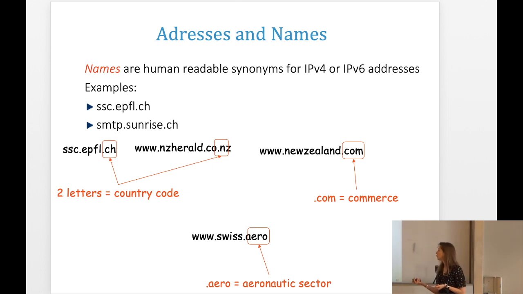It uses human-readable names. And typically, one name may have several IP addresses, and some IP addresses may not even have a name. The last two letters are usually a country code, like CH, or .com, for instance, 3 letters, for historical reasons, because before it was used only for commerce.